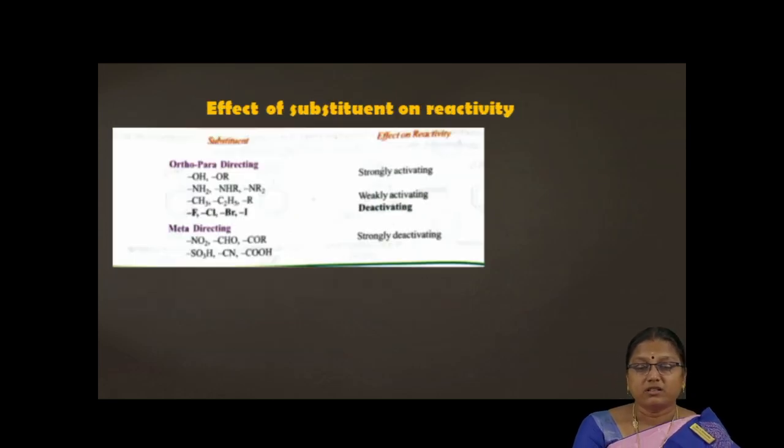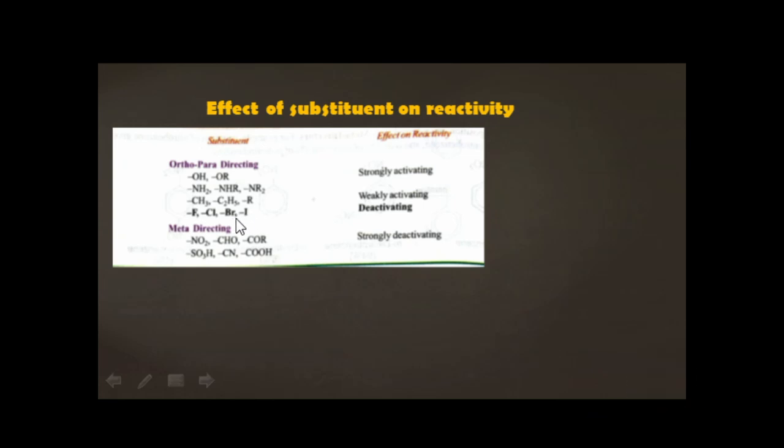When we recall the effect of substituents on reactivity, in general we could say ortho-para directors are ring activating. That is not the fact. Look at the first three examples in this slide: hydroxy, methoxy, aniline and amino substituted products, then N-alkyl products, methyl and alkyl substituents. Look at the fourth example: fluorine, chlorine, bromine, iodine, that is, the halogens. Halogens are ortho-para directing.